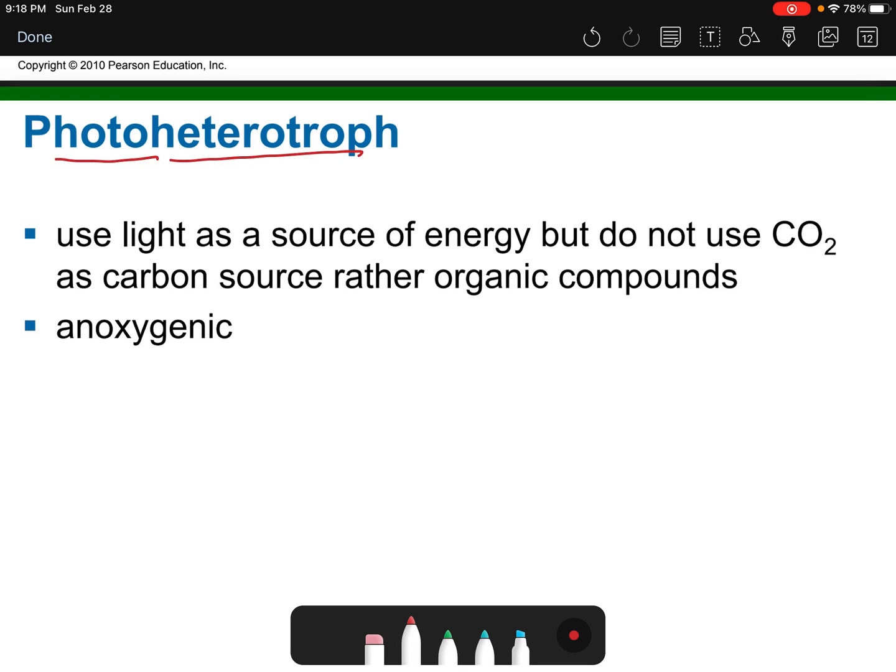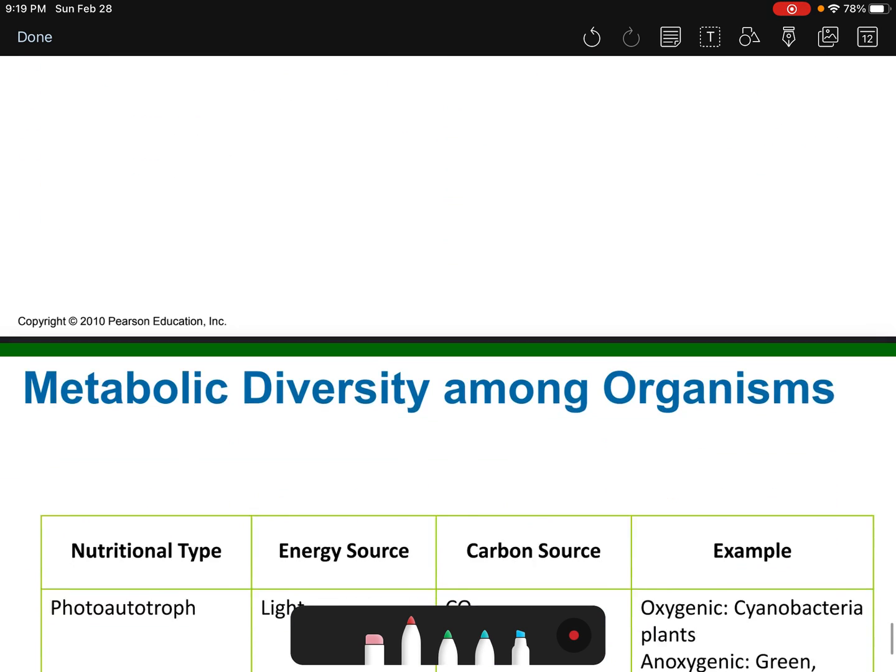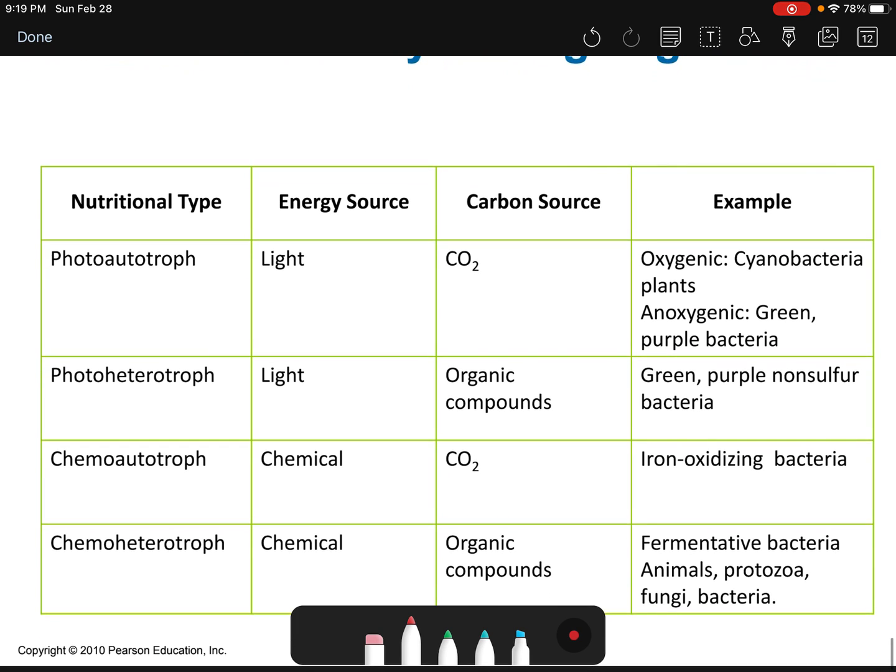Photoheterotroph, that's a pretty big word. That means if they have light available, they can use it as a source of energy. But they use organic compounds, not CO2, as a carbon source. So they don't use carbon dioxide in the air. They actually feed on other organisms for their organic compounds. So lots of different terminology.